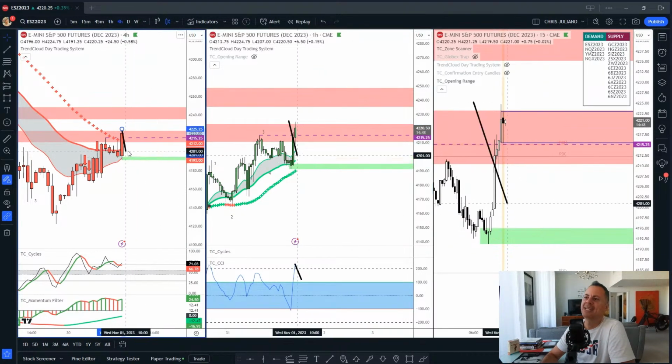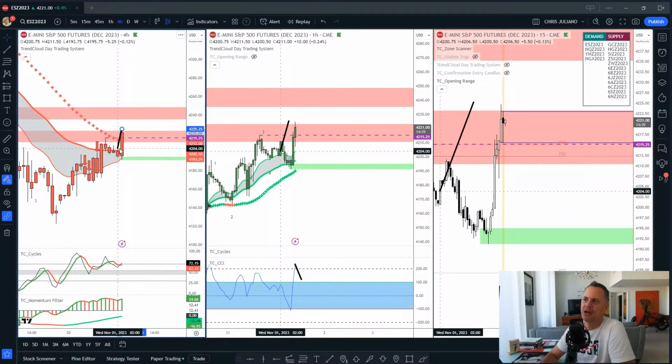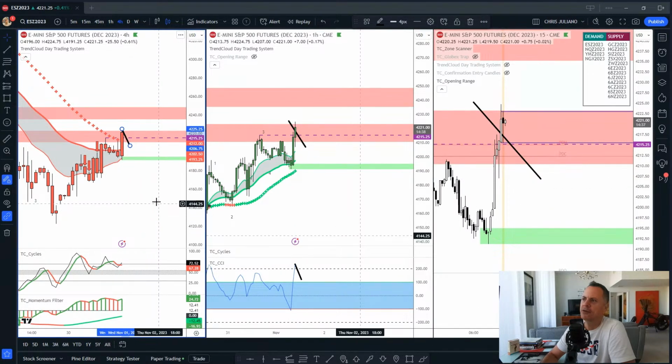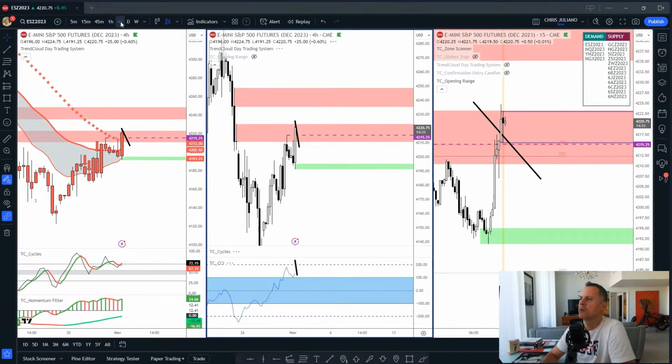But again, for that to happen today on the high time frame, it's going to look like a huge rejection candle, isn't it? Because this is the 4-hour chart. How long do we have on, what do we got here? Okay, yeah. So we only have 14 minutes left.